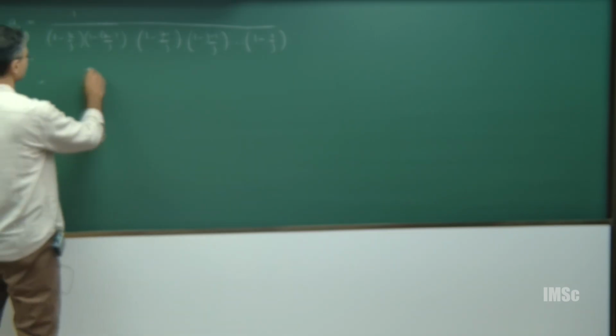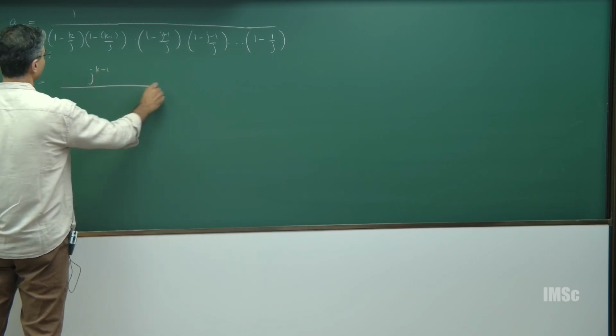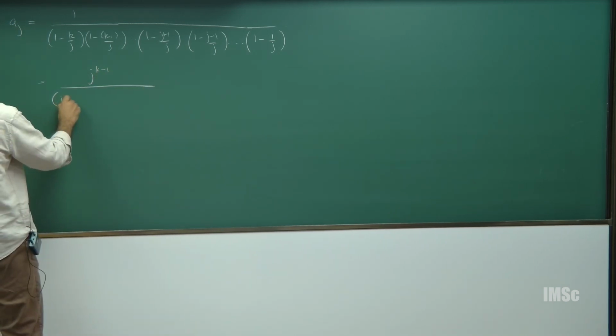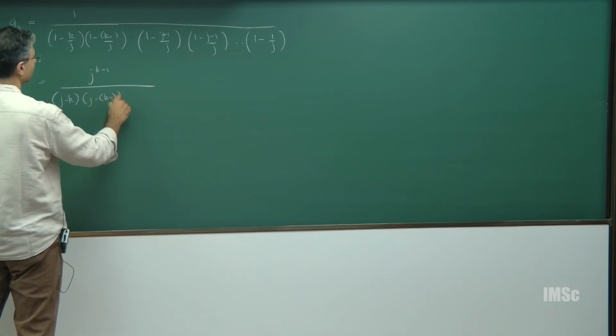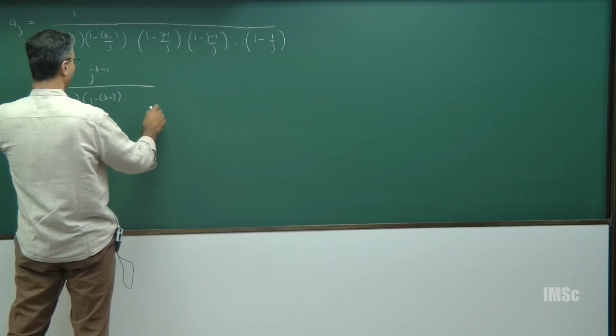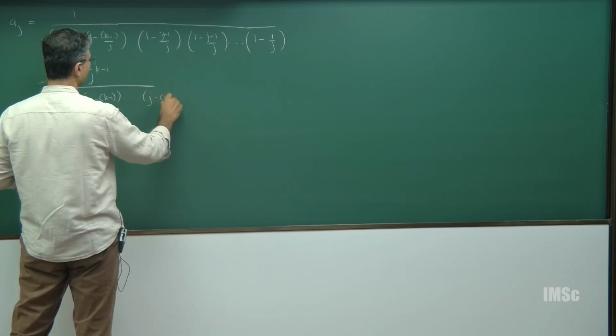So, how many terms are there? k minus 1. So, j raised to k minus 1, j minus k, j minus k minus 1, j minus j plus 1.